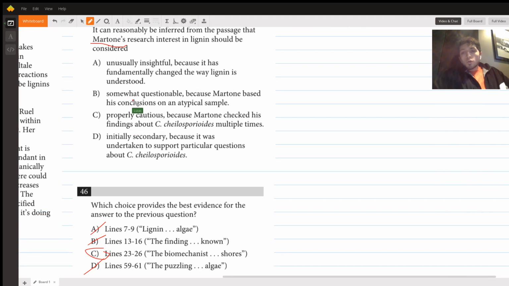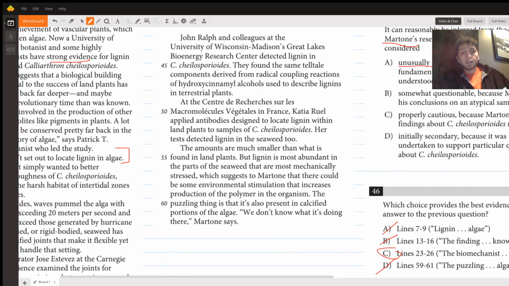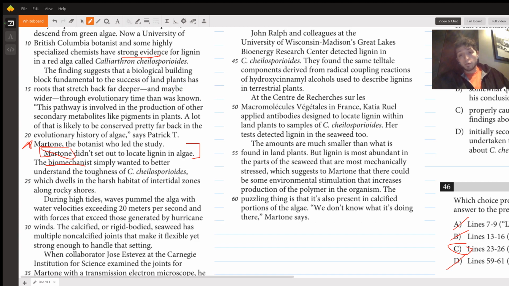A says unusually insightful because it has fundamentally changed the way lignin is understood. This right here, we should recognize is a very loud claim. It has a strong burden of proof. Unusually insightful, we need strong evidence for it. It's possible to say that his finding had a big impact on the field, right? It basically says here that the finding tells us that lignin, this biological building block, has deeper evolutionary roots than we thought before.